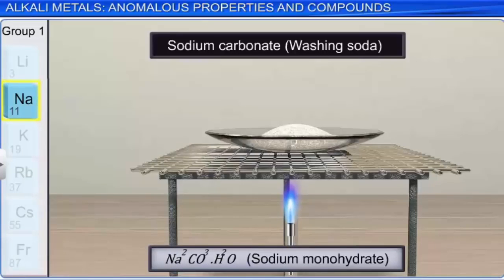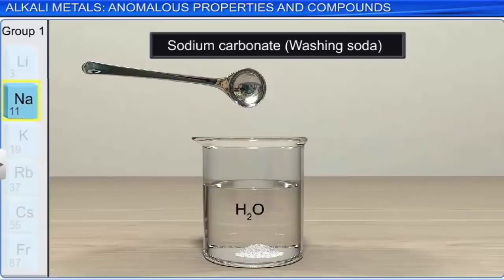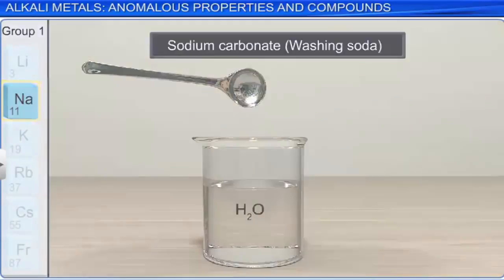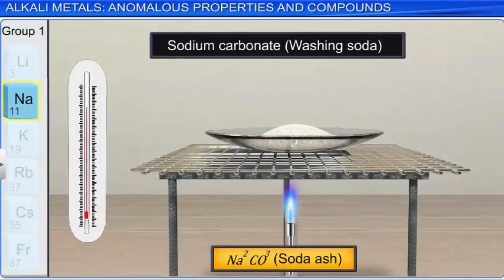Sodium carbonate is soluble in water, forming a colorless, clear solution. Above 373 Kelvin, it forms an anhydrous salt called soda ash.